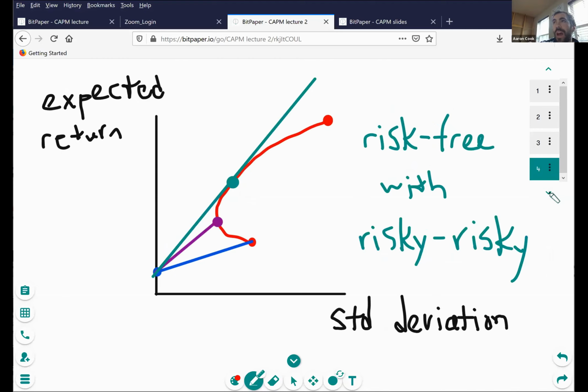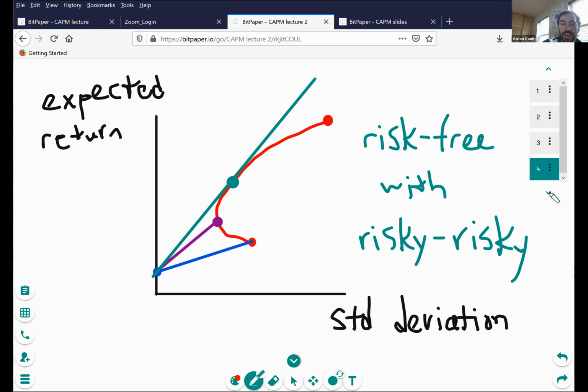And then instead of combining the risk-free asset with just a single other risky asset, you can combine the risk-free rate with any combination of two risky assets. So the risky, that's just this red line that's been traced out between these two red dots.